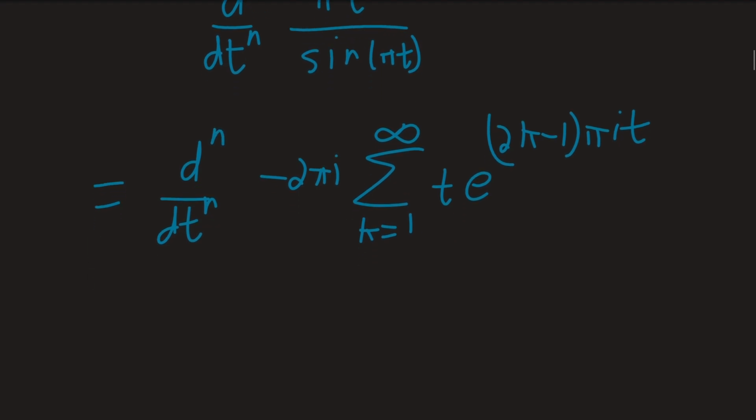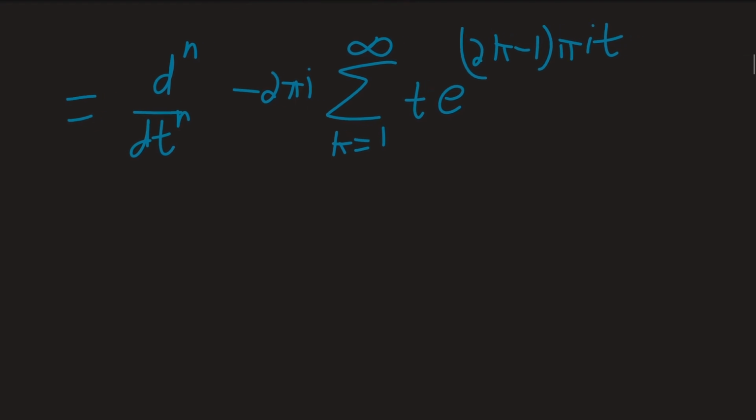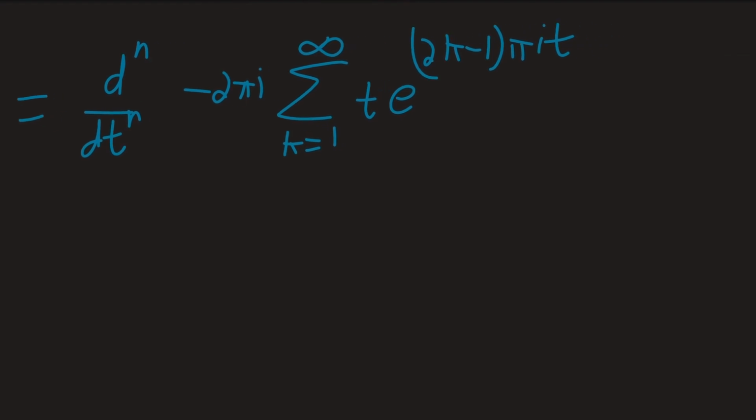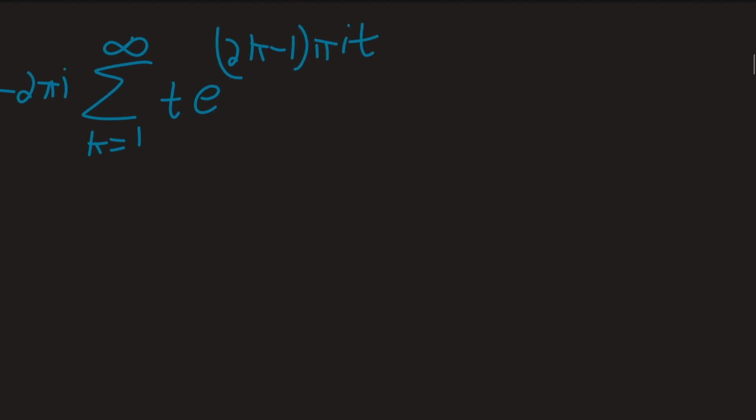And the whole rationale for writing this out in such a way is so that we can look at this right here, because that's a constant, we don't care about it. We can just throw the derivative inside the summation, meaning that we're just differentiating, essentially in form, something along the lines of x e to the ax, but we're differentiating that not just once or twice, but n times.